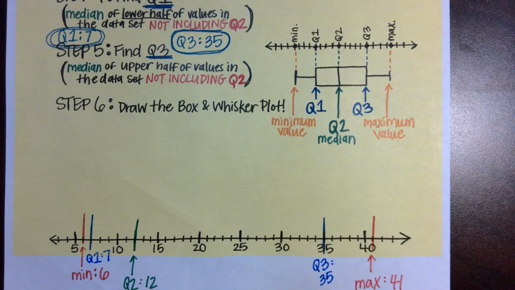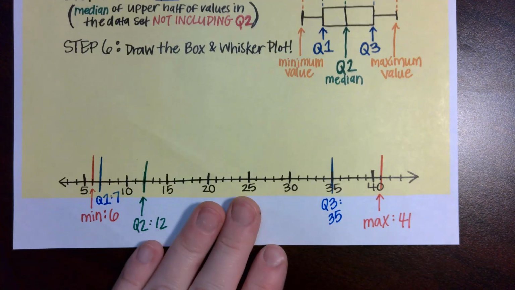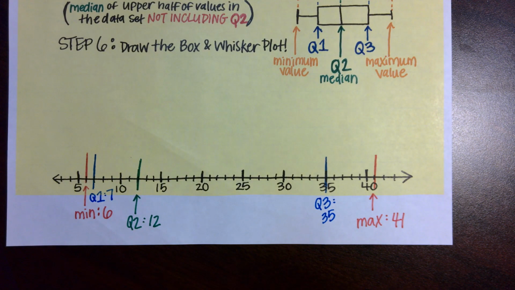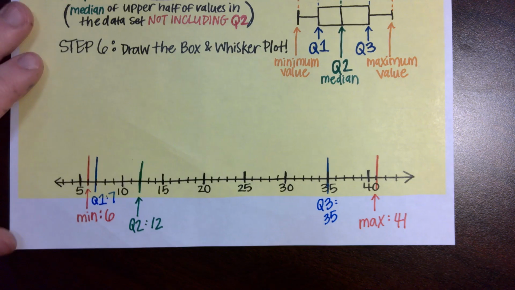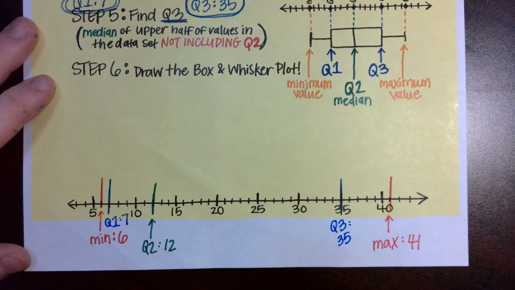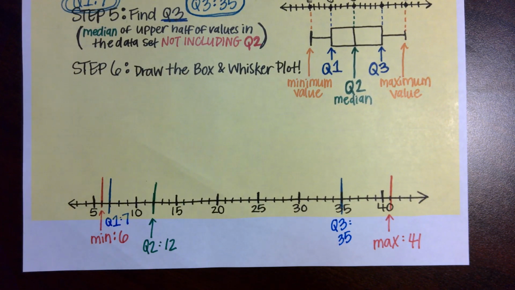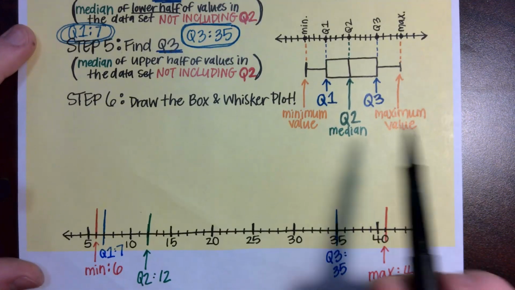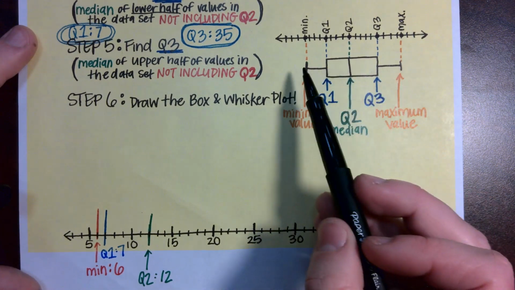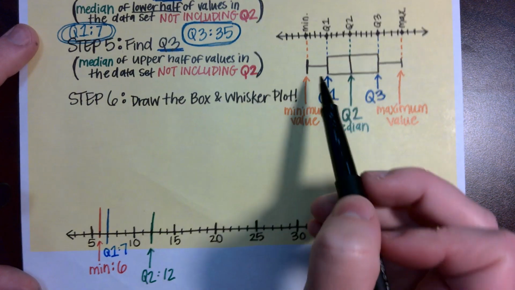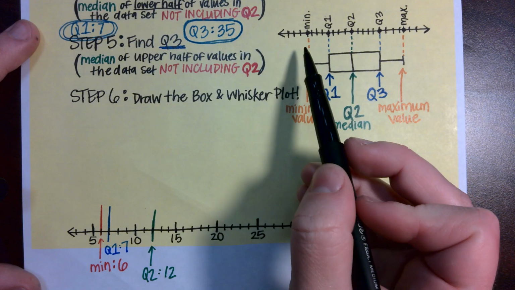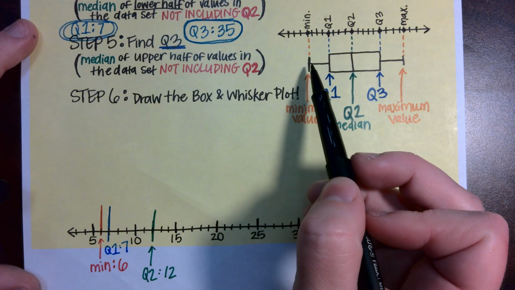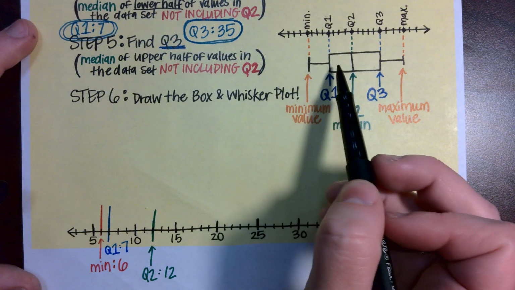So now that we have everything labeled on our number line, we can start to draw the box and whisker plot. So we're going to go step by step, make sure that we're very careful with it. So I labeled what each point represents here. First, we draw that line up and down, and then we draw a whisker that connects to the box.